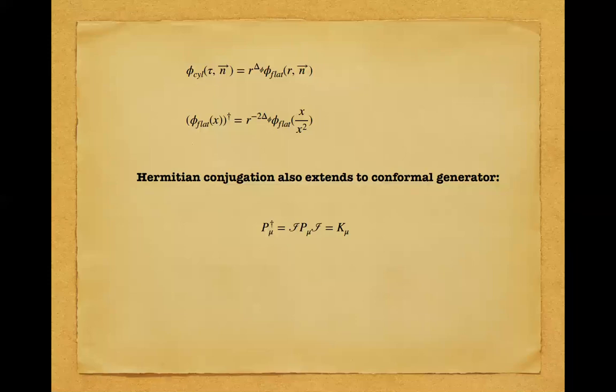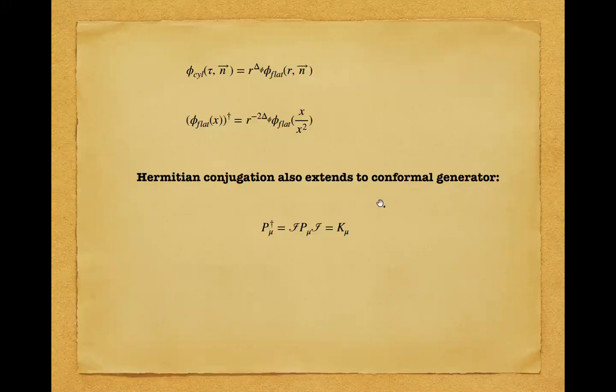But the origin of your initial configuration has been mapped to infinity, so under this P mu that will not translate. And then you again do an inversion, so your infinity comes back to the zero. Therefore your origin doesn't move under this action, and you recognize this particular combination of transformations as K mu.